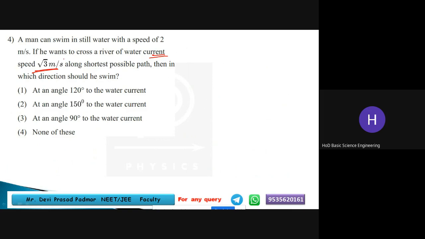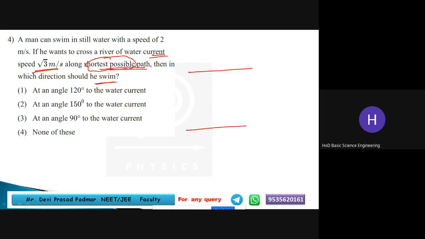Now that person wants to move along the shortest possible path, so in which direction should he swim? Just try to draw a diagram for that.